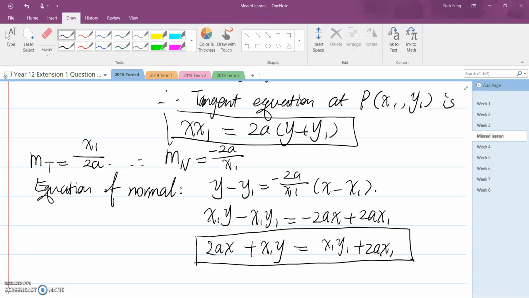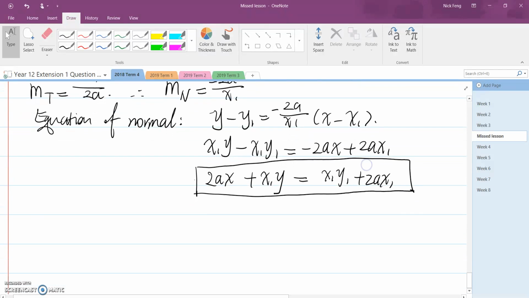So how do we normally use this? We don't use this a lot because to find the equation of the tangent, they might ask you to actually use the discriminant. So, for example, let's have a look at what kind of question they can actually ask us.